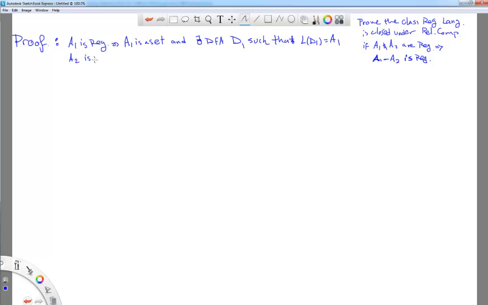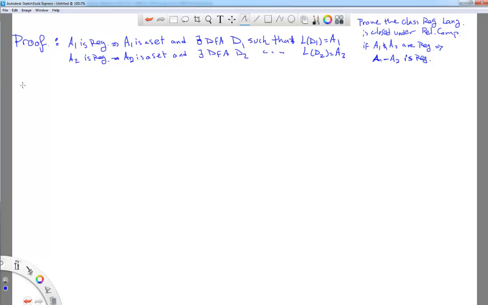A sub 2 is regular. Therefore, A sub 2 is a set, and there exists a DFA D sub 2 such that L of D sub 2 is A sub 2.